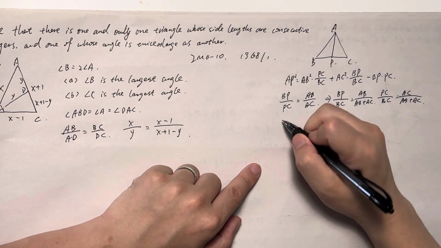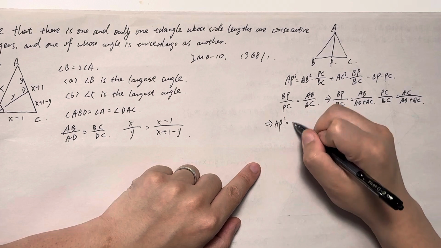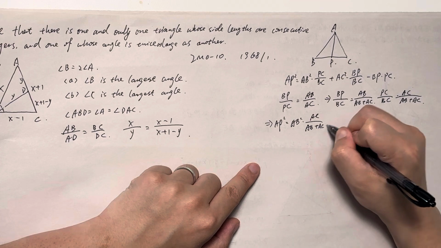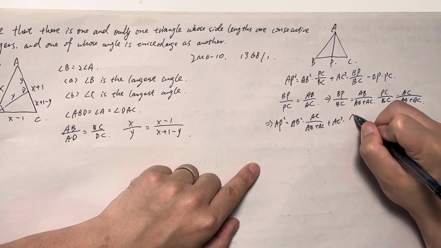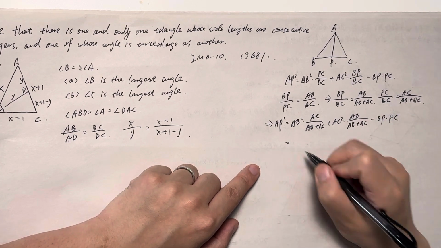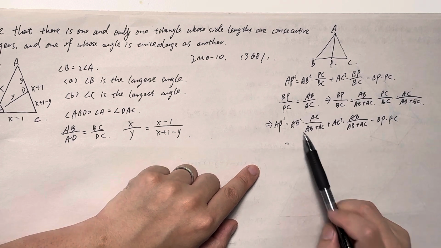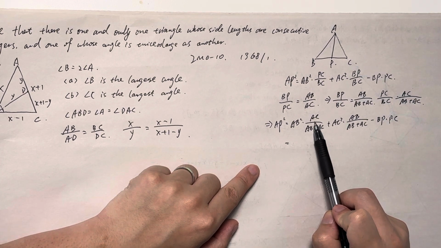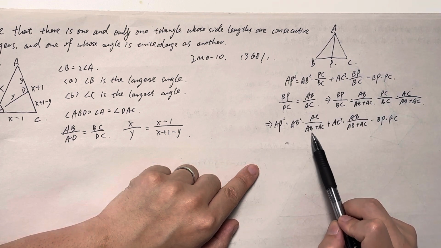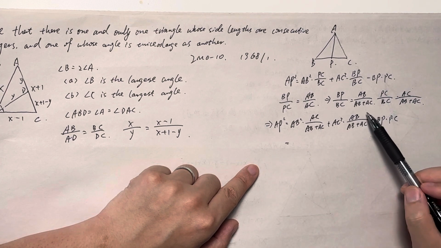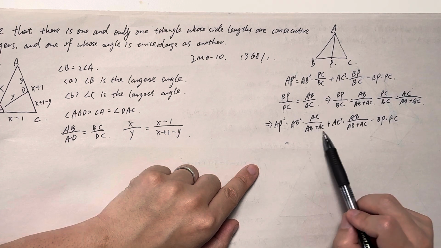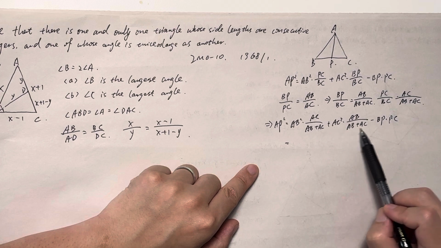That means we can have AP squared equals AB squared times AC over AB plus AC, plus AC squared times AB over AB plus AC, minus BP times PC. We can extract AB times AC out, and here we are left with AB divided by AB plus AC, and here AC divided by AB plus AC, and that sums to 1.